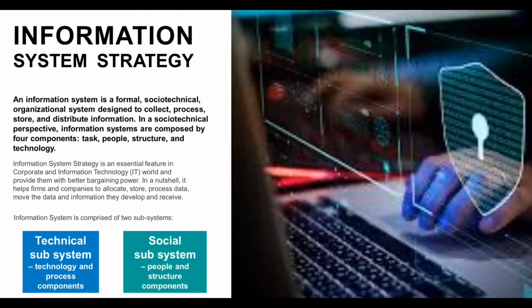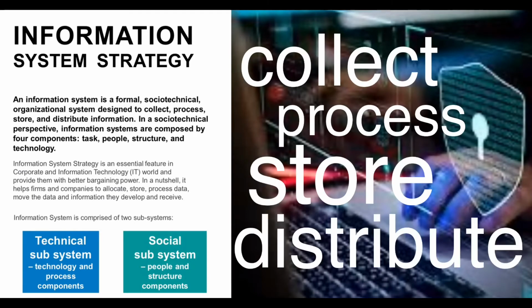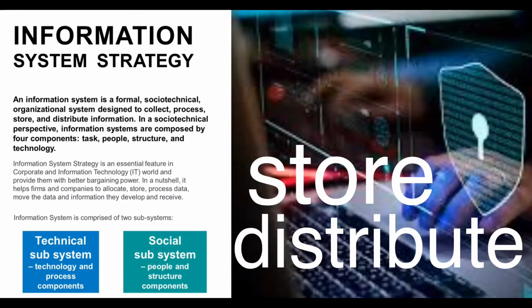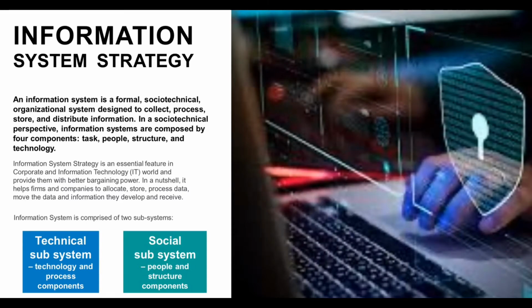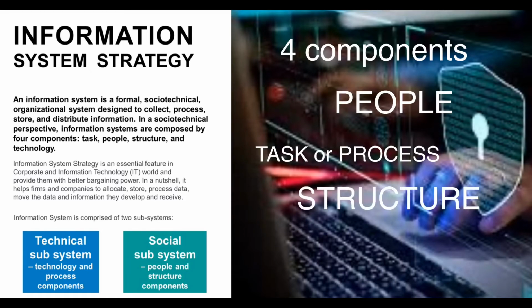An information system is a formal socio-technical organizational system designed to collect, process, store, and distribute information. In a socio-technical perspective, information systems are composed of four components: the task, the people, the structure, and technology.